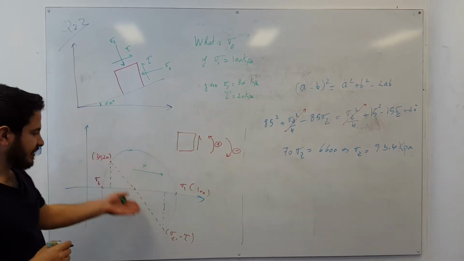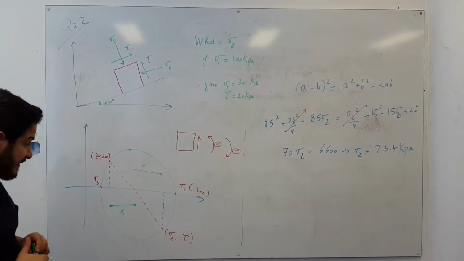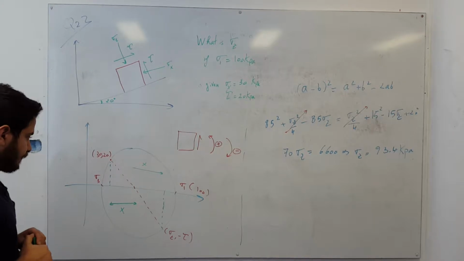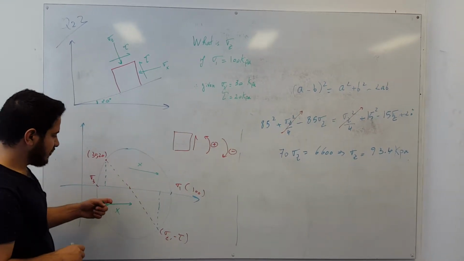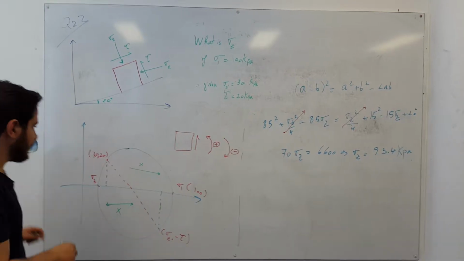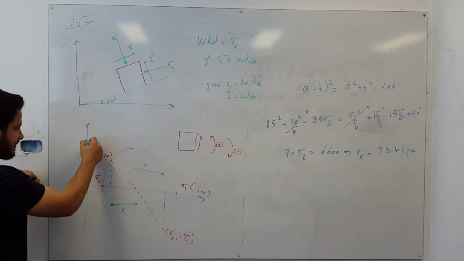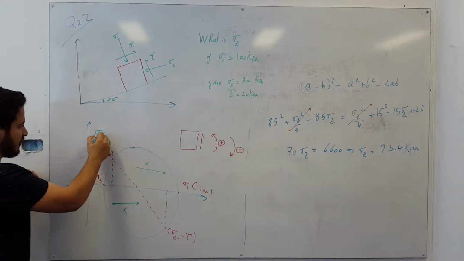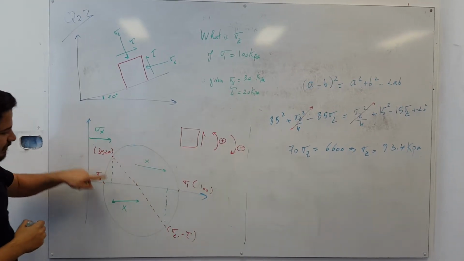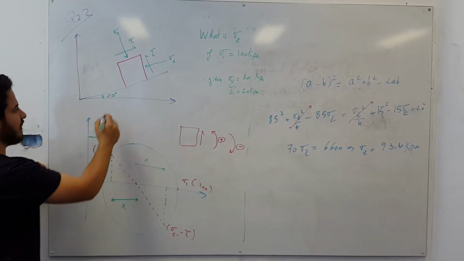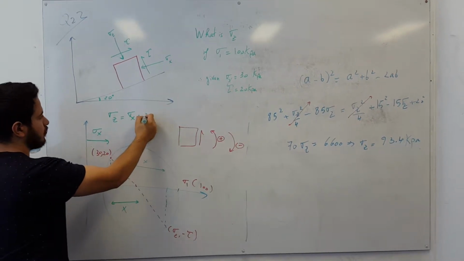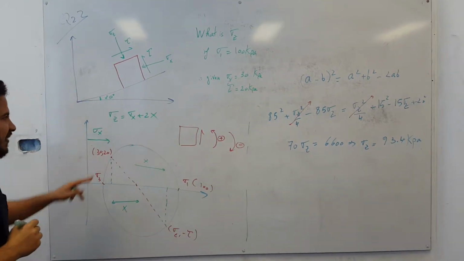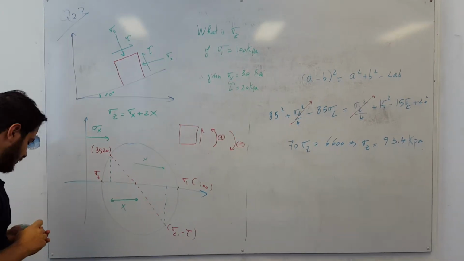Because they pass through the center of the circle. So basically, sigma z equals sigma x plus 2 x's, right? So if I can find x, I can find sigma z, right?